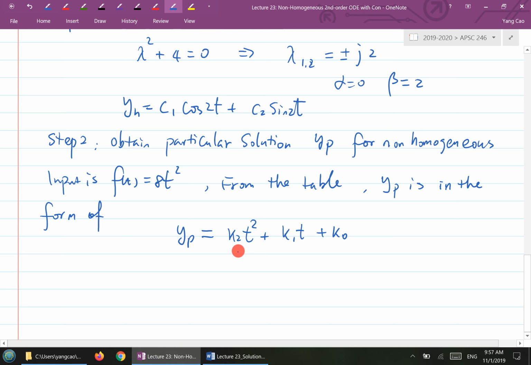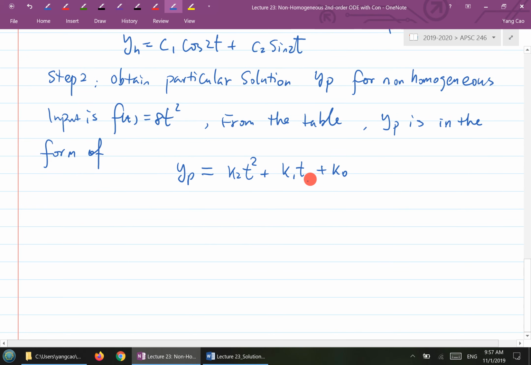Okay, so the exact values. Otherwise you wouldn't call it particular, right? Particular solution means you have all the specific information of the function. You don't have any unknown parts in the function. Everything is known. So how do I find the three constants? What we do is we take derivatives.